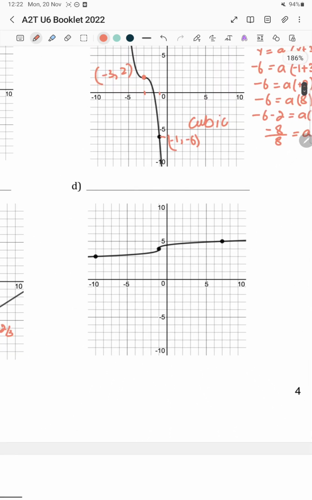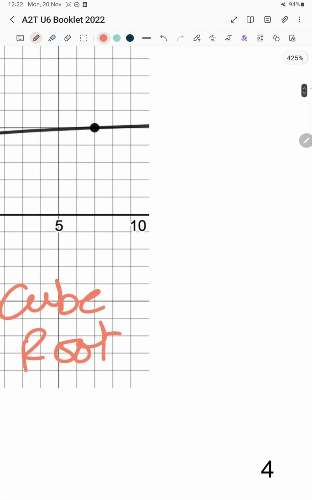Okay, what is this graph? This graph is now the cube root graph. So it is y is equal to a times the cube root of (x minus h) plus k. What are h and k?